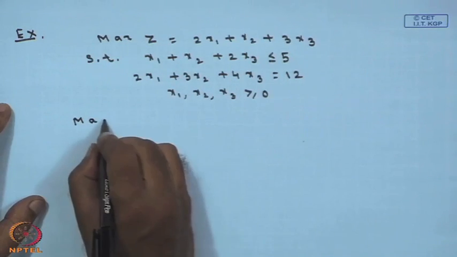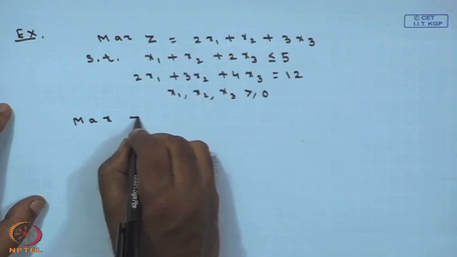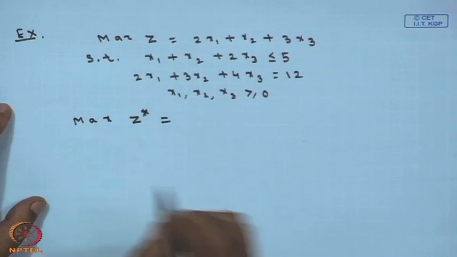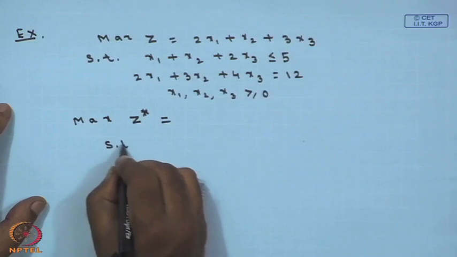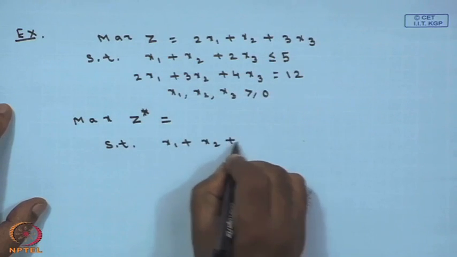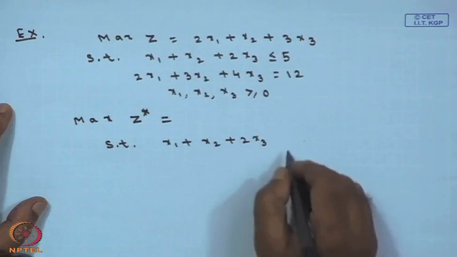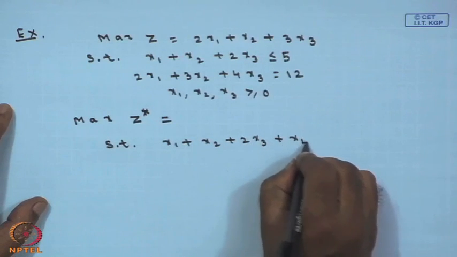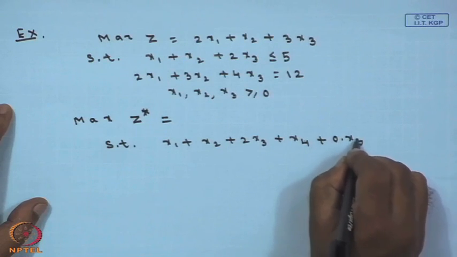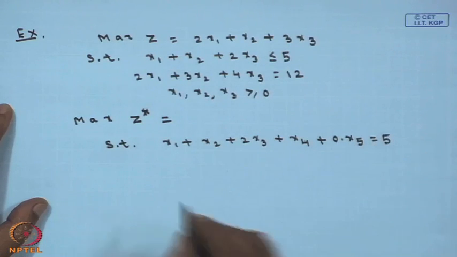So, I write maximize z star, which I will write afterwards, subject to x 1 plus x 2 plus 2 x 3 plus one variable x 4, and another artificial variable is required, so I am writing 0 into x 5, equals 5.